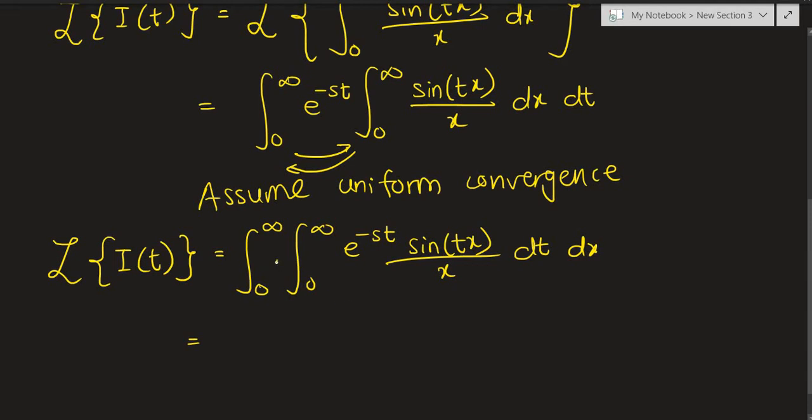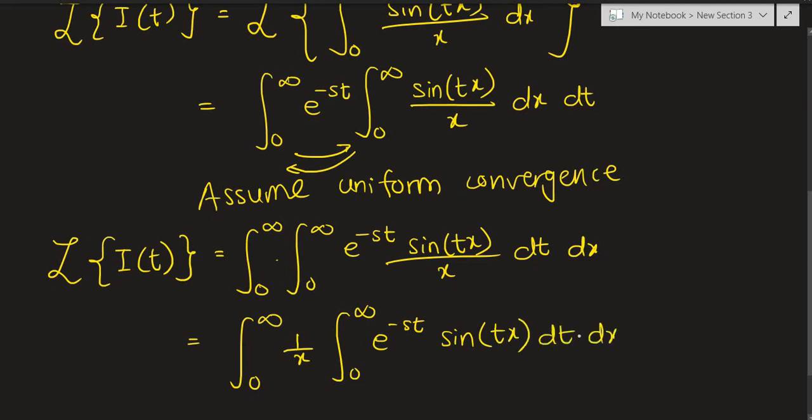But you can't take that outside this integral because we're integrating with respect to x there. So we have the integral from 0 to infinity of 1 over x, and inside we have an integral from 0 to infinity of e raised to negative st times the sine of tx dt dx. Now notice that we had a dt here, and all these terms also have a t, so they can't be taken outside this internal integral.